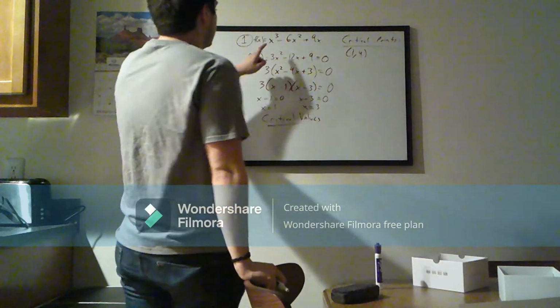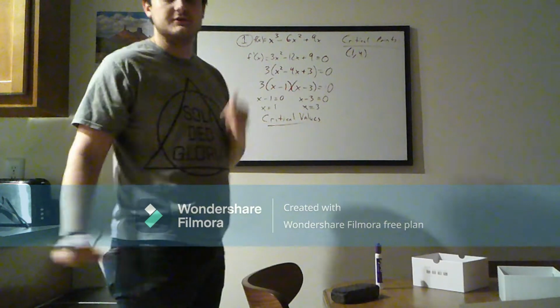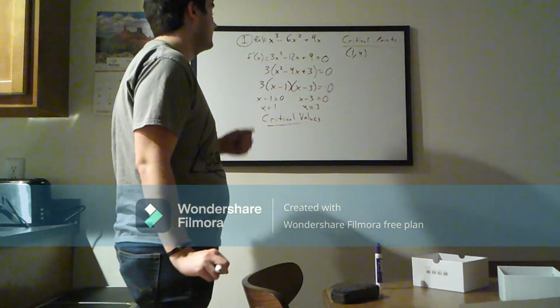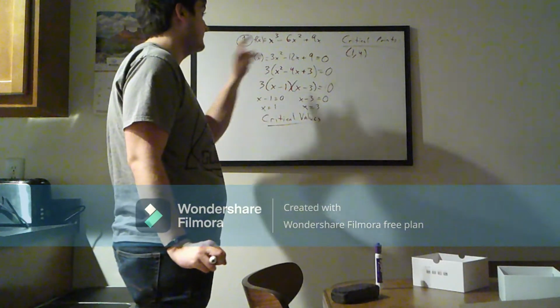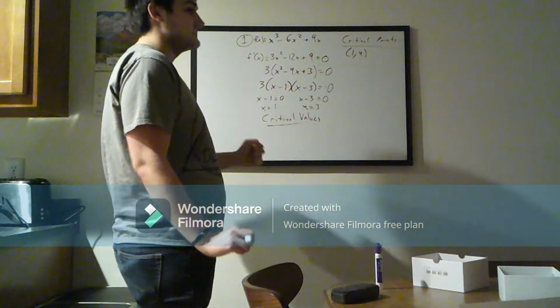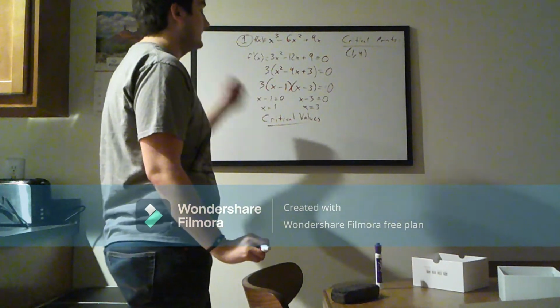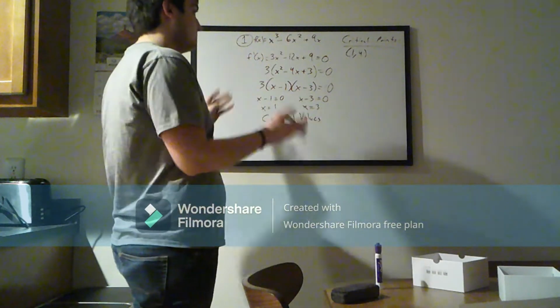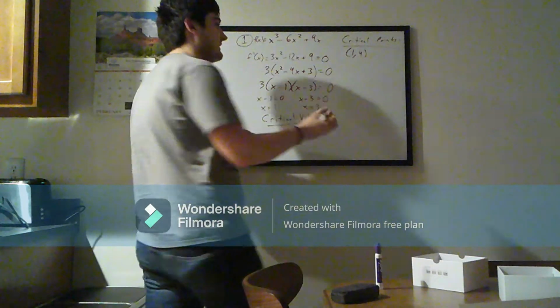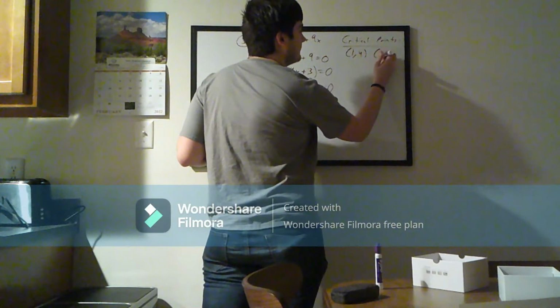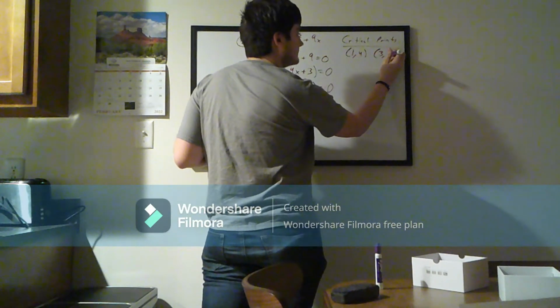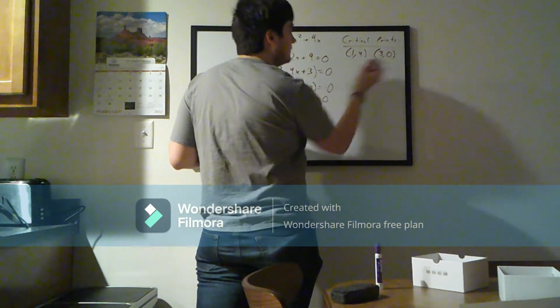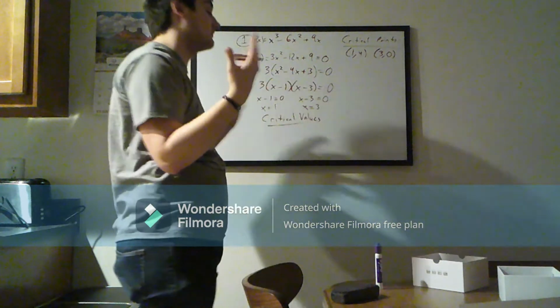We're going to get 3 cubed, which is 27. 27 minus 54 is negative 27, and negative 27 plus 9 times 3, which is 27, ends up being 0. So that was actually a nice little computation there. So we have 2 points, (1, 4) and (3, 0), and these are our critical points.